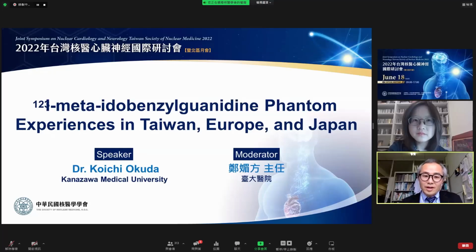Moreover, Dr. Nakajima has developed an AI-assisted ROI setting algorithm. So by using the AI, MIBG SPECT quantification will be more practical and widely used in MIBG studies, I think.